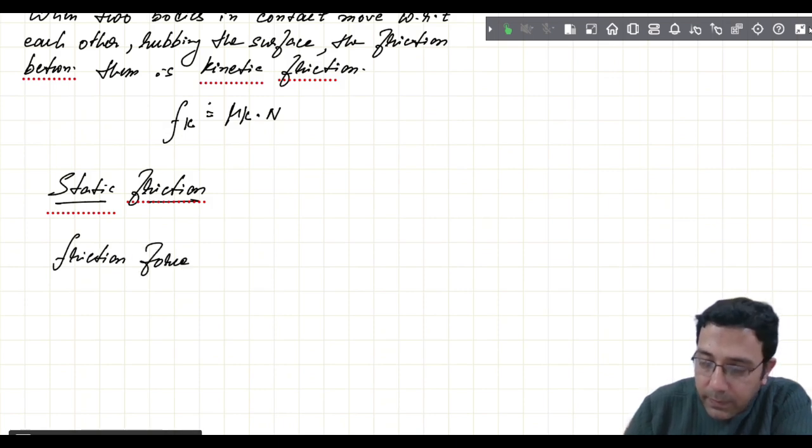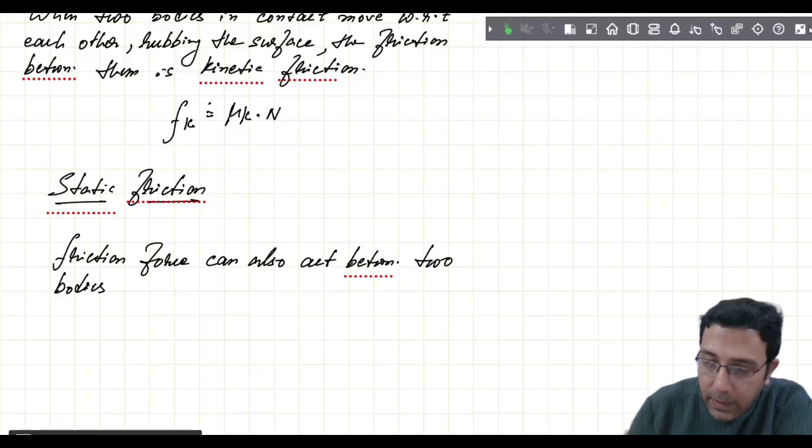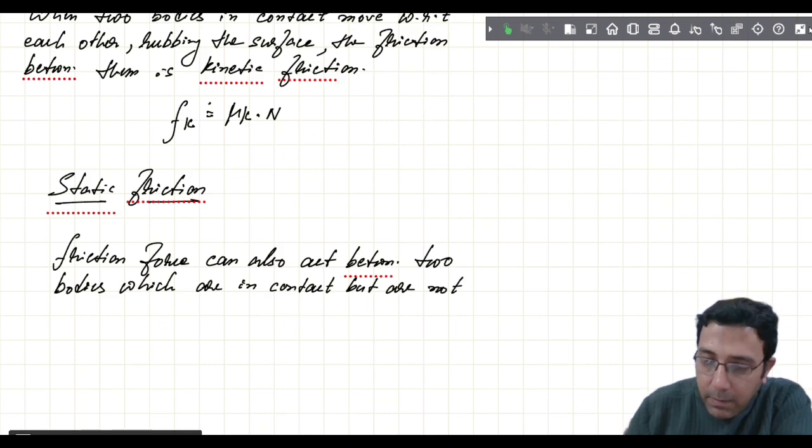Friction force can also act between two bodies which are in contact but are not sliding with respect to each other.